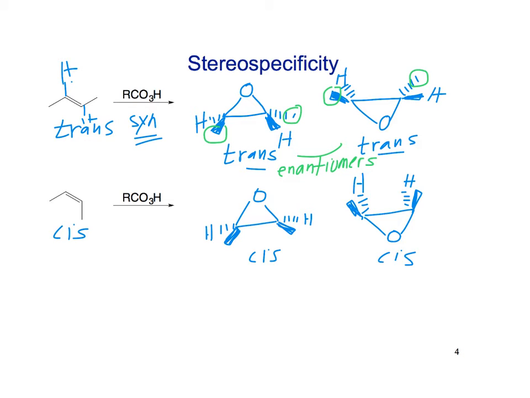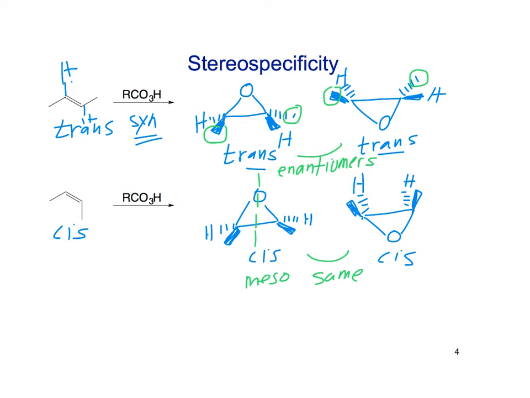Non-superimposable mirror images. What about these two? These two are the same because there is a plane of symmetry right through the middle here, and so this molecule is meso. Right? So we have three possible stereoisomers.